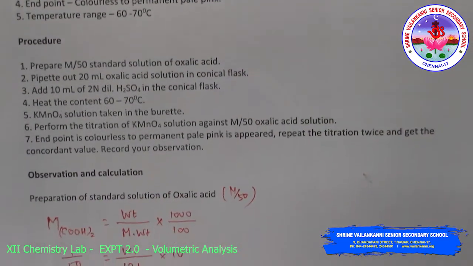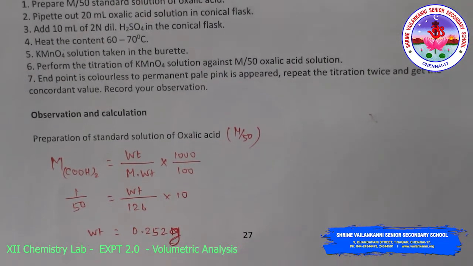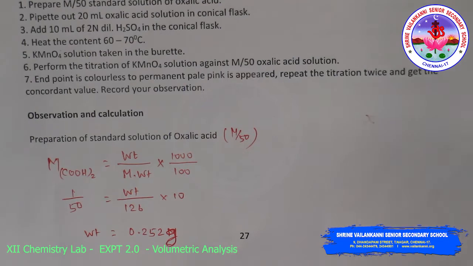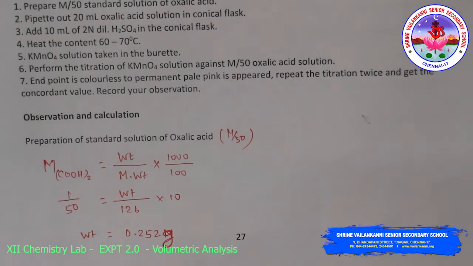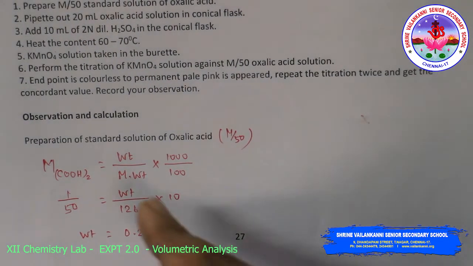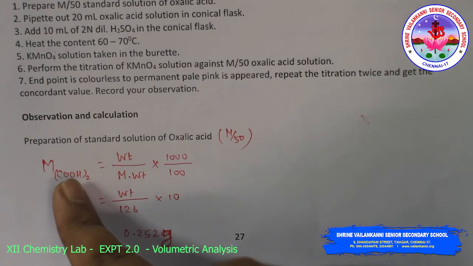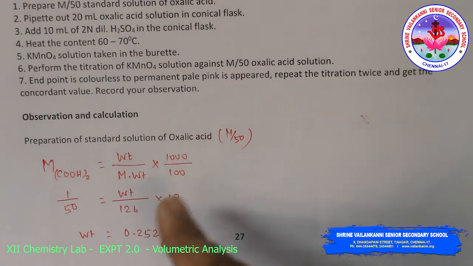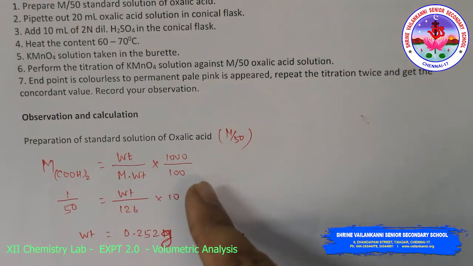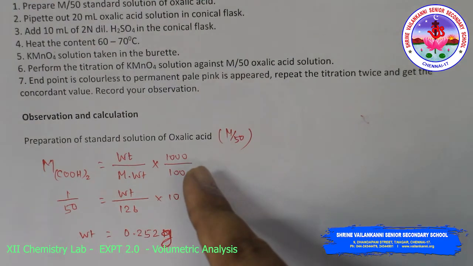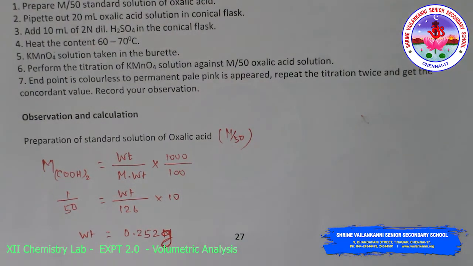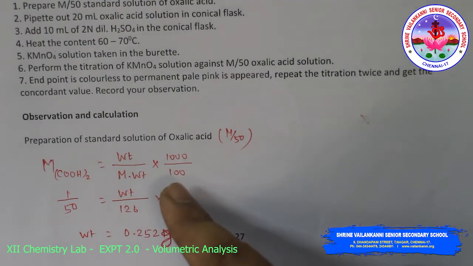Then the preparation of the standard solution, that is oxalic acid. The aim is what? M/50 solution. So you have to use this formula: molarity of the oxalic acid is equal to weight divided by molecular weight of the oxalic acid, into 1000 divided by 100, because we are going to prepare 100 ml solution. Suppose if you prepare 250 ml, you have to divide by 250.